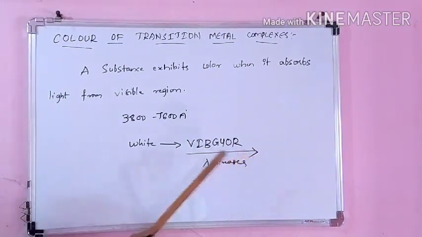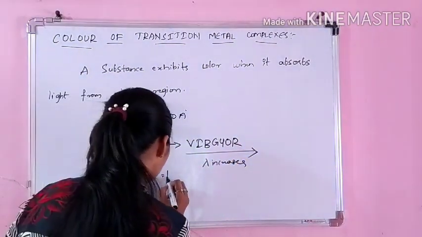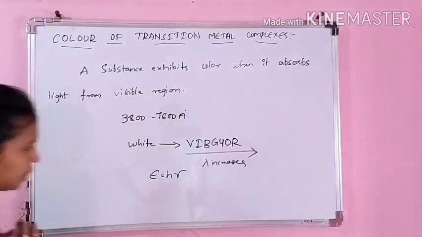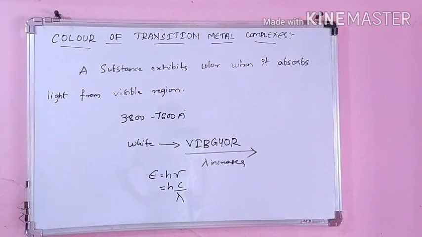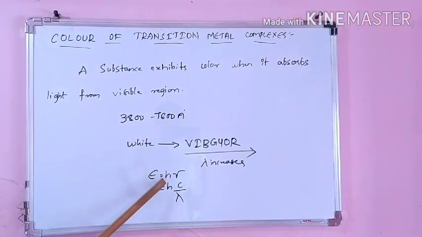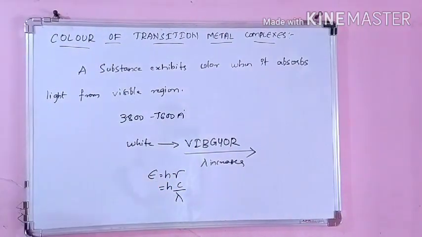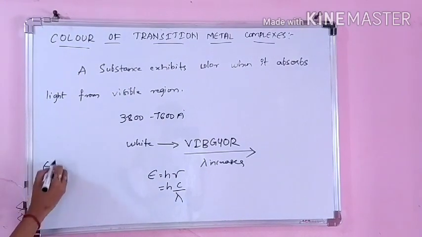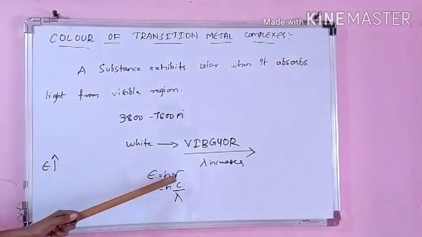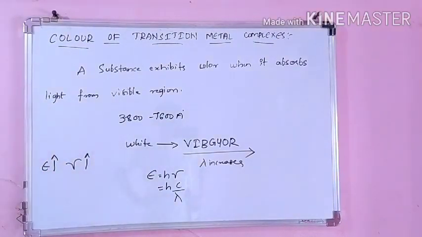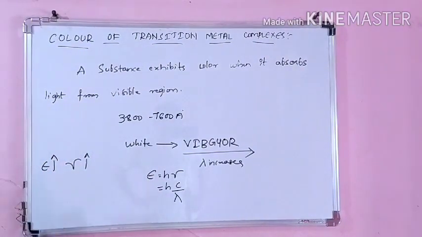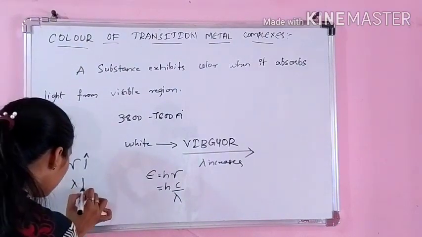As lambda increases, you should know the relation E is equal to h nu, which in turn you can write as hc by lambda. So now we have the relation between E, lambda and nu. As E increases, frequency nu also increases, but as E increases, wavelength decreases.